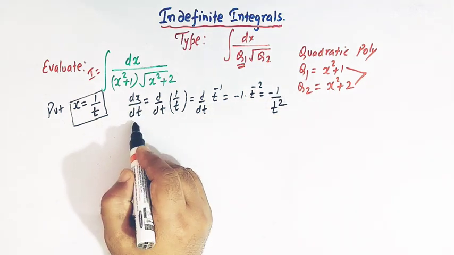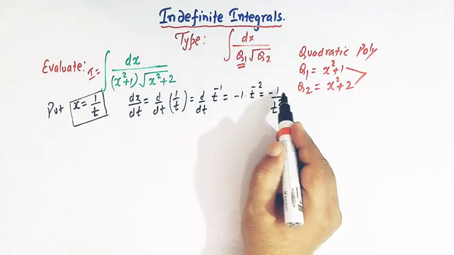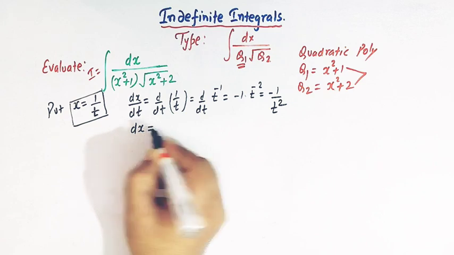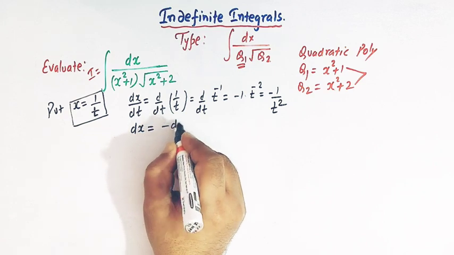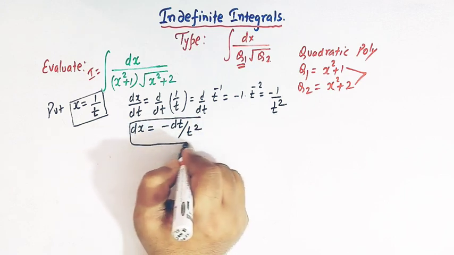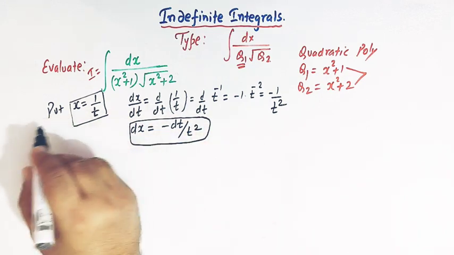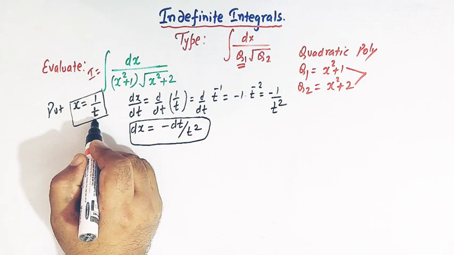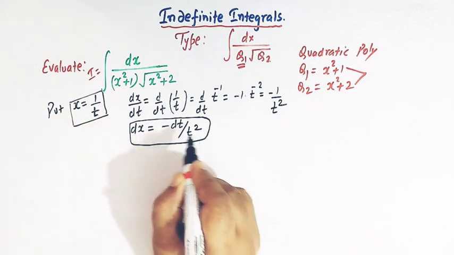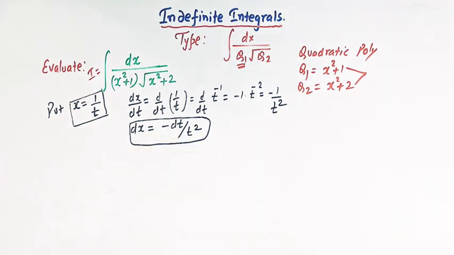So dx over dt is minus 1 over t square, so dx is now equal to minus dt over t square. So the first step is to take x is equal to 1 over t, and then we find dx is equal to minus dt over t square.